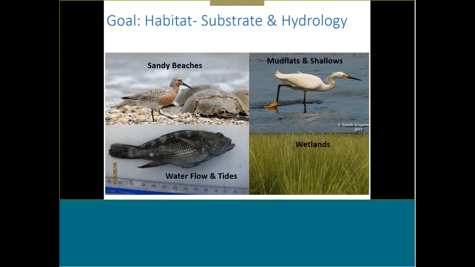In the example that Chris just showed us at Sassafras, that offshore structure still wasn't continuous. It had breaks in it, and that was to allow water flow, and the access by fish and crabs was an important component of that. It's a fish and wildlife property, so they wanted to make sure that they were providing habitat. So if that's one of your goals, then you can tweak your design to meet that need.